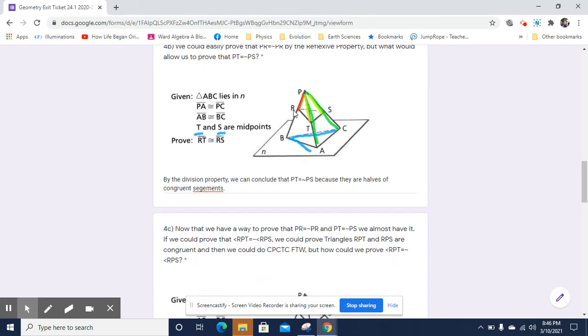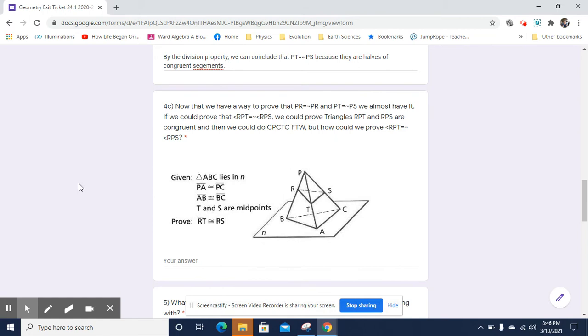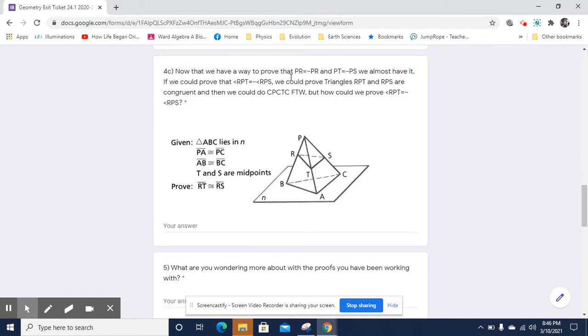We can't do side, side, side because RT and RS are the things we're trying to get. So we can't prove these little triangles are congruent by side, side, side. But we have two sides, so we almost have it.